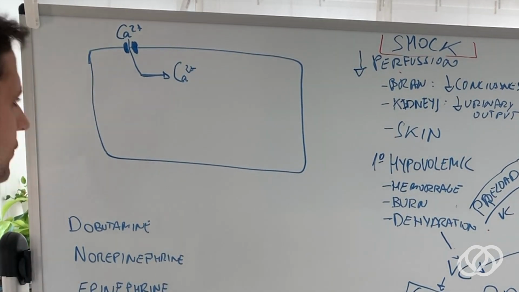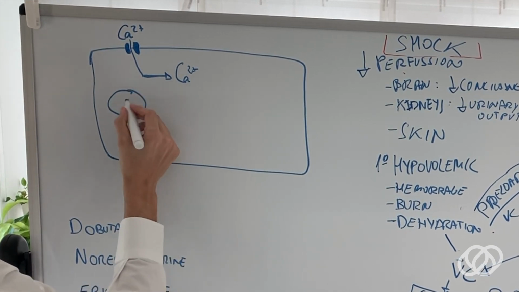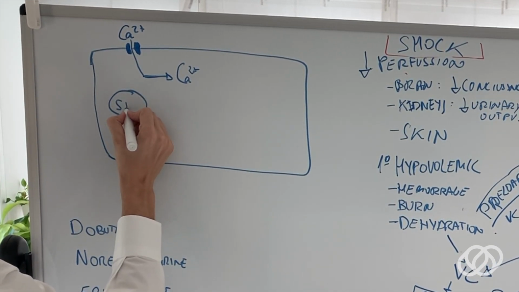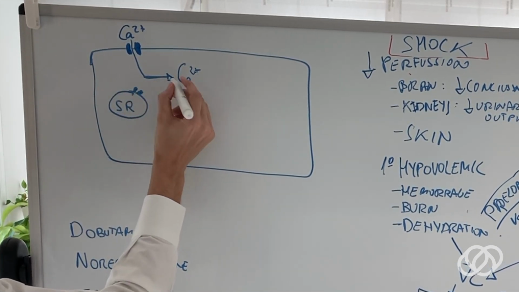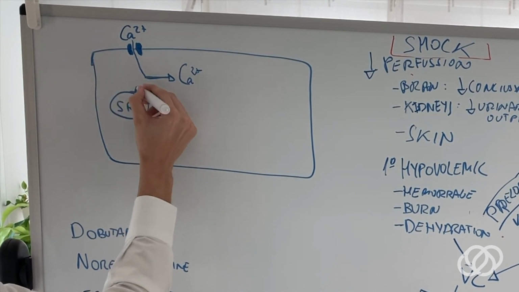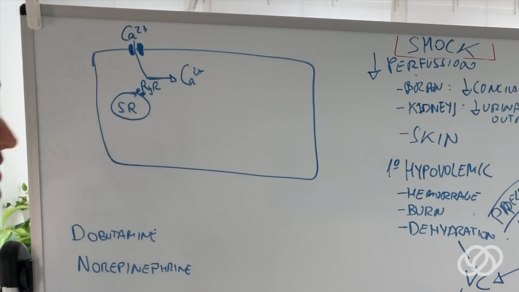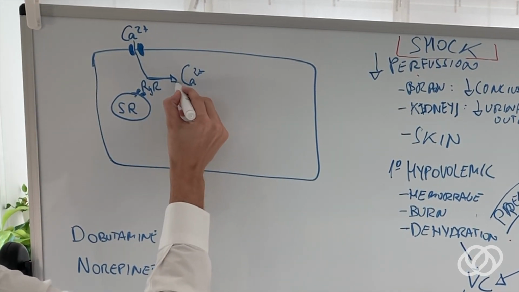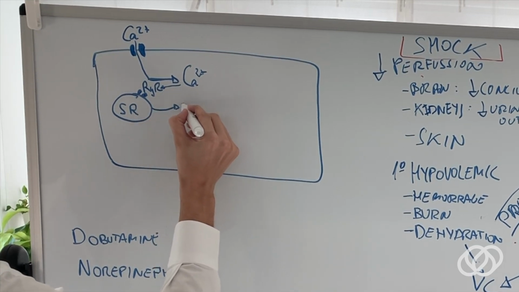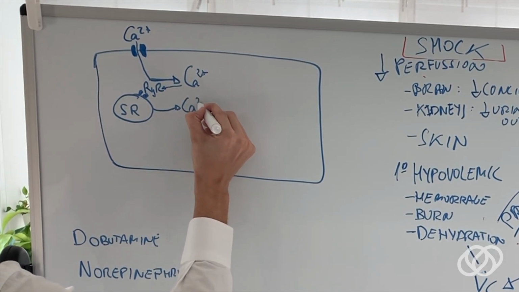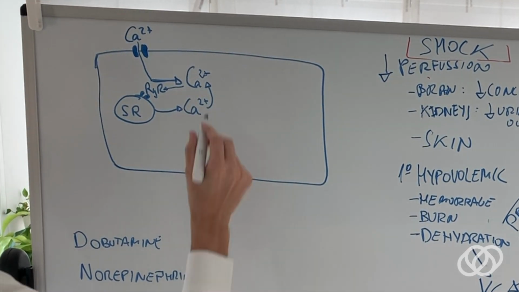When it enters, here we have the sarcoplasmic reticulum that senses the entrance of calcium by receptors, the ryanodine receptors, and releases more calcium that it has inside. More calcium is released.